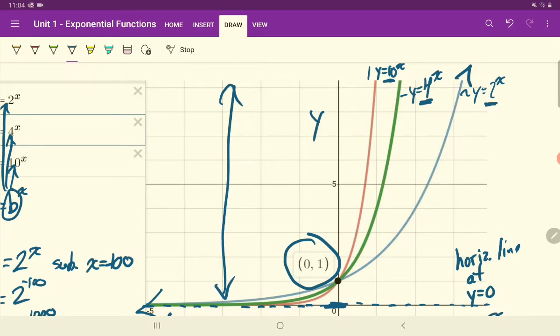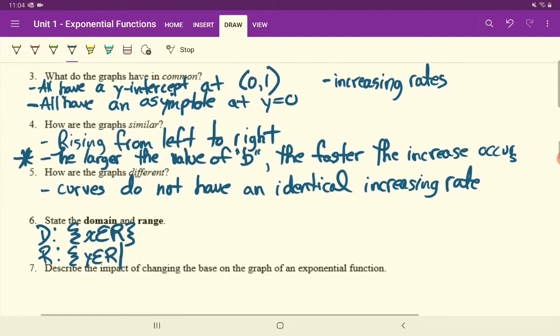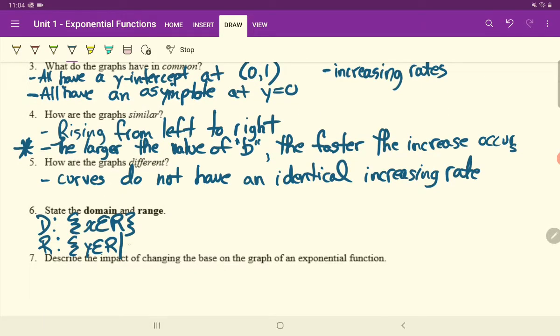It will never touch 0, so it's not greater than or equal to. It always has to be greater than 0. So in the second part of our range, just write y must be greater than 0. So y could be any real number, which means that you can get decimals that are above 0, but you can get any sort of decimal values, whole numbers, it doesn't matter. The only restriction is that the y's have to be above 0.